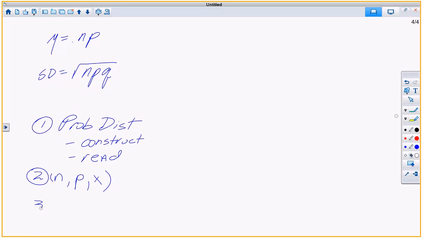And then the third is mean is equal to NP, and the standard deviation is equal to the square root of NPQ, or raised to the 0.5 power. However you want to do it. That's 6.1 and 6.2, which makes up about 20% of your Unit 3 test. And what do you think 80% of your test is going to come from? The next unit.